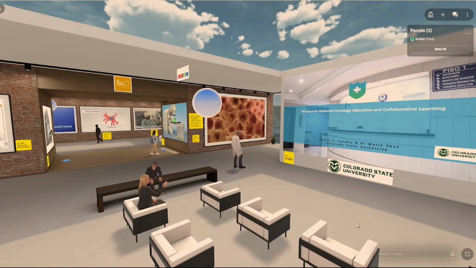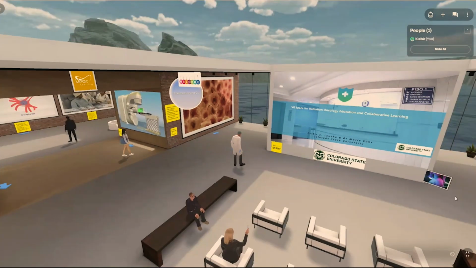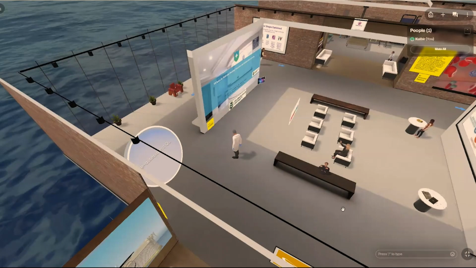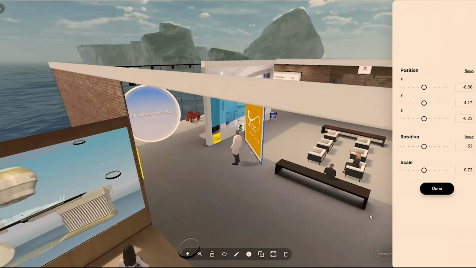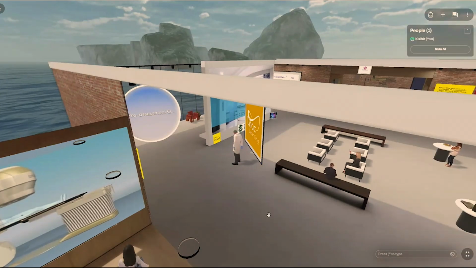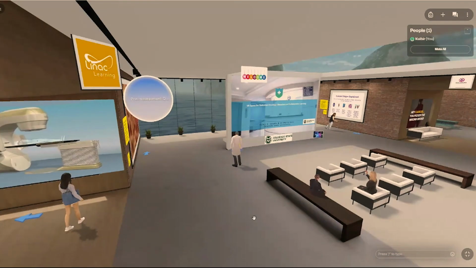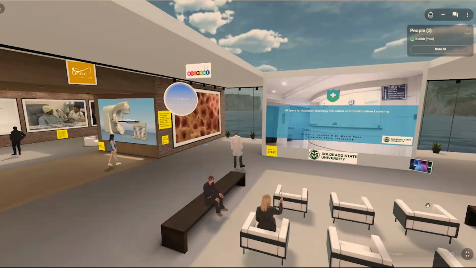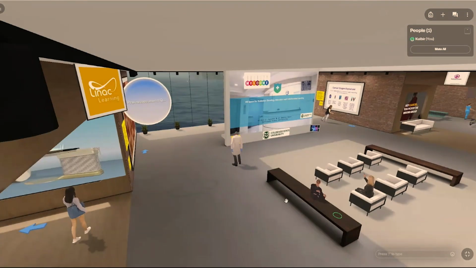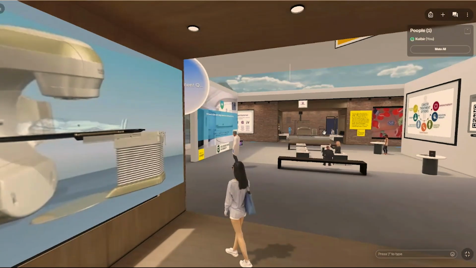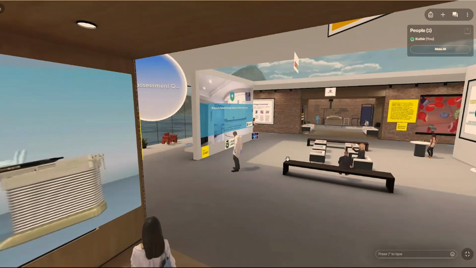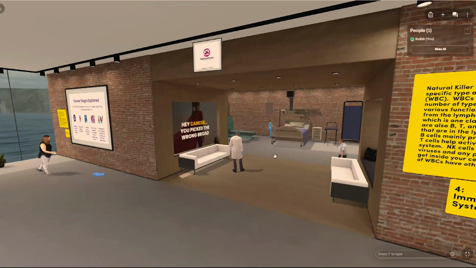So if you continue to navigate the space, on the right-hand side, there's the actual cancer care treatment options, where the patients can actually go in, and this gives you a pretty good glimpse of what actually happens in the OR room where the radiation is given to a patient.